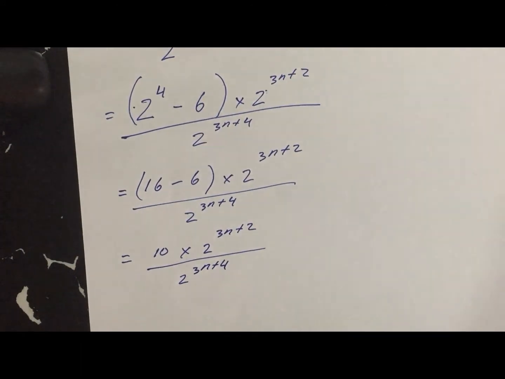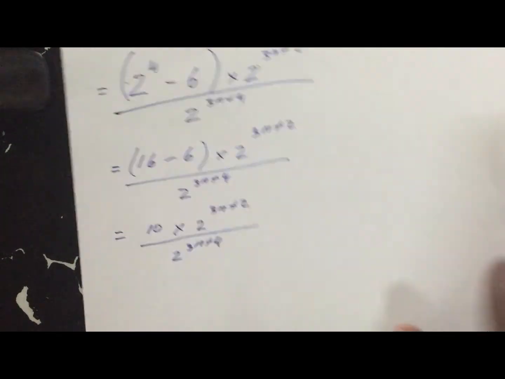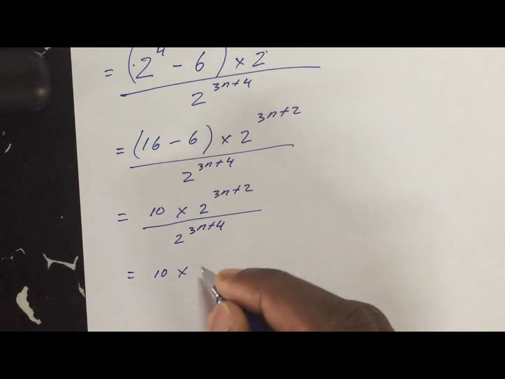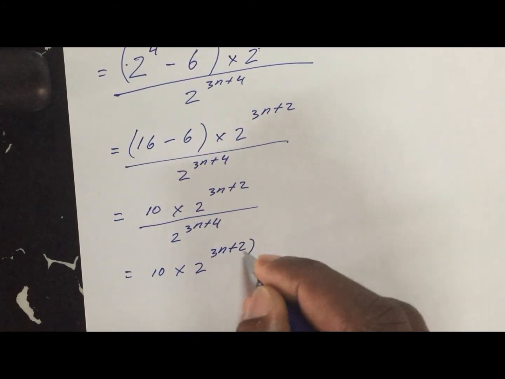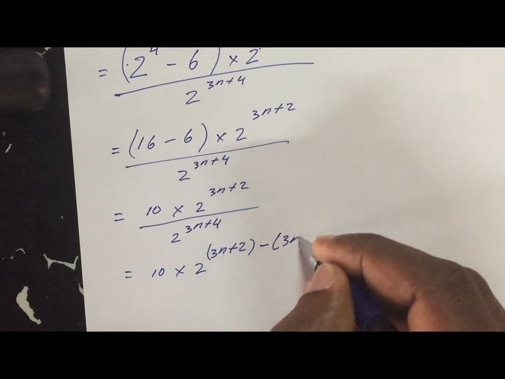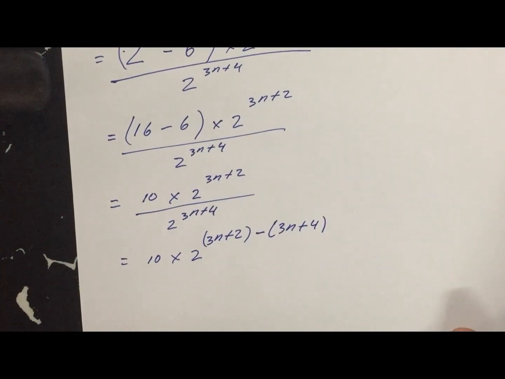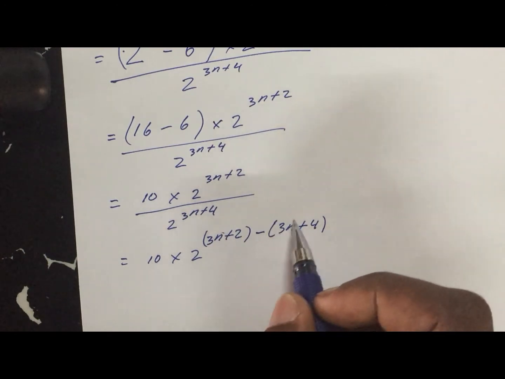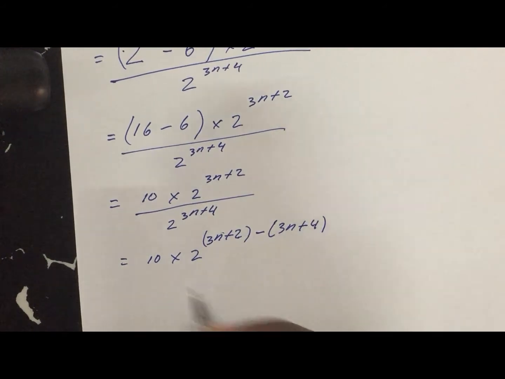Now, what's the next step? The next step is to simplify this further and group that. So we have 10 times 2 to the 3n plus 2 minus 3n plus 4, since we're taking this up. So here you have 3n plus 2 minus 3n plus 4. 3n and 3n will cancel out. 2 minus 4 leaves us with negative 2.